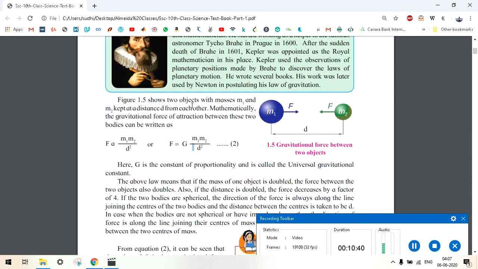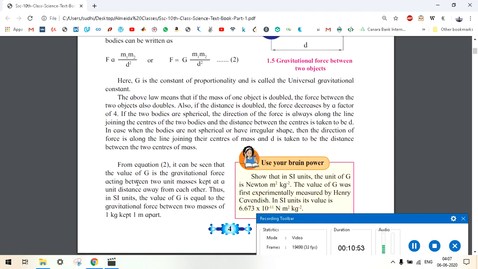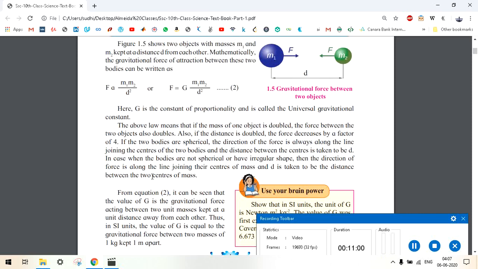Now from equation 2, F is equal to G m1 m2 by d square, it can be seen that the value of G is the gravitational force acting between two unit masses at unit distance from each other. What it wants to say is, if you put m1 equal to 1, m2 equal to 1, and d equal to 1, F will be equal to G, right?